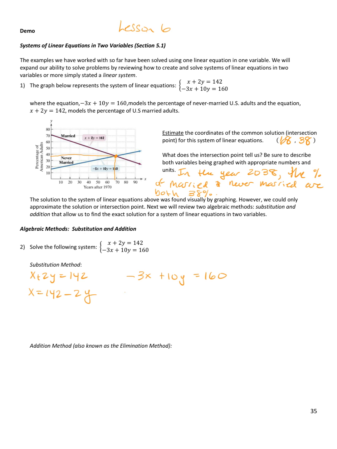So I'm going to have negative 3, and instead of x, I'm going to replace it with 142 minus 2y, plus 10y equals 160. And then now my equation has only one variable in it, just a y. I can solve for y.